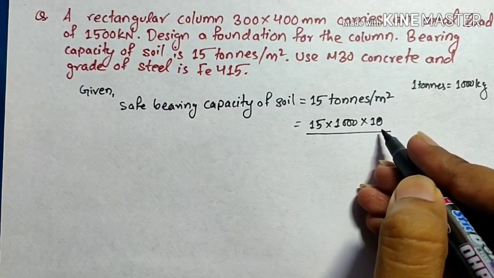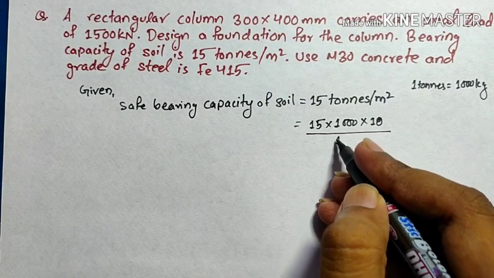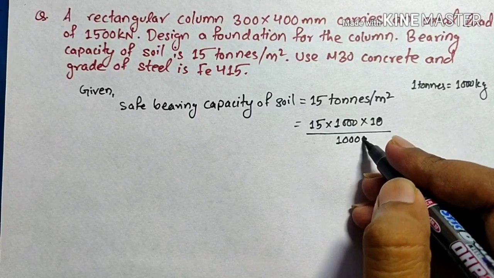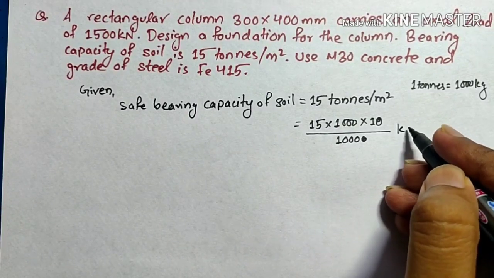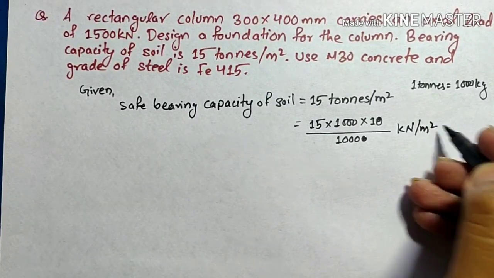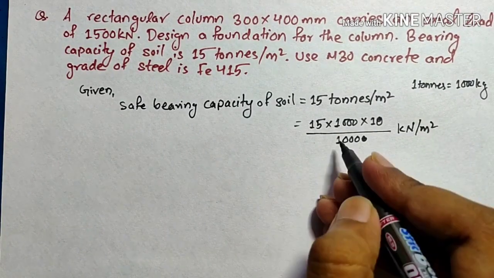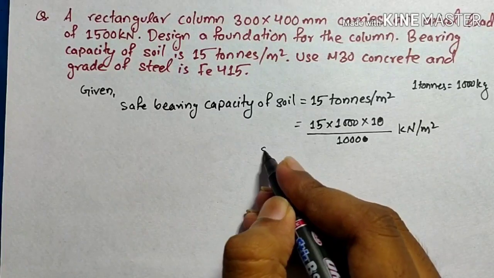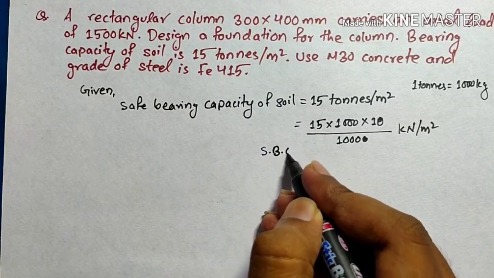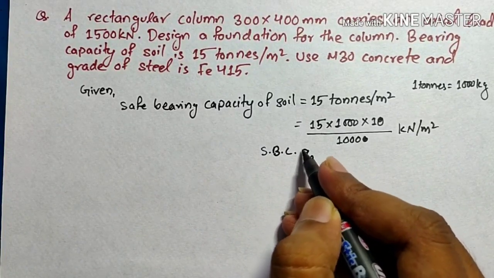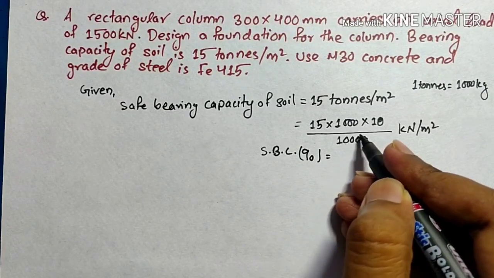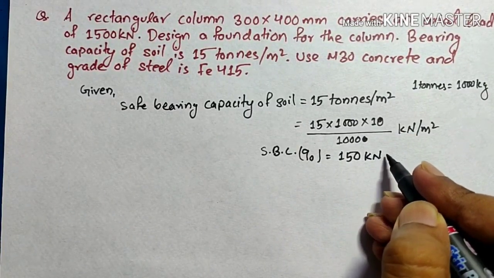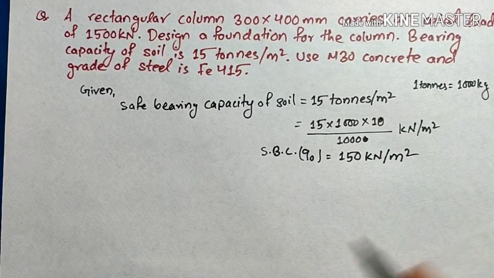This is m and this is g, and on dividing this by 1000, this will be our kilonewton per meter square. So our safe bearing capacity of soil, which is denoted by Q naught, equals to 150 kilonewton per meter square.